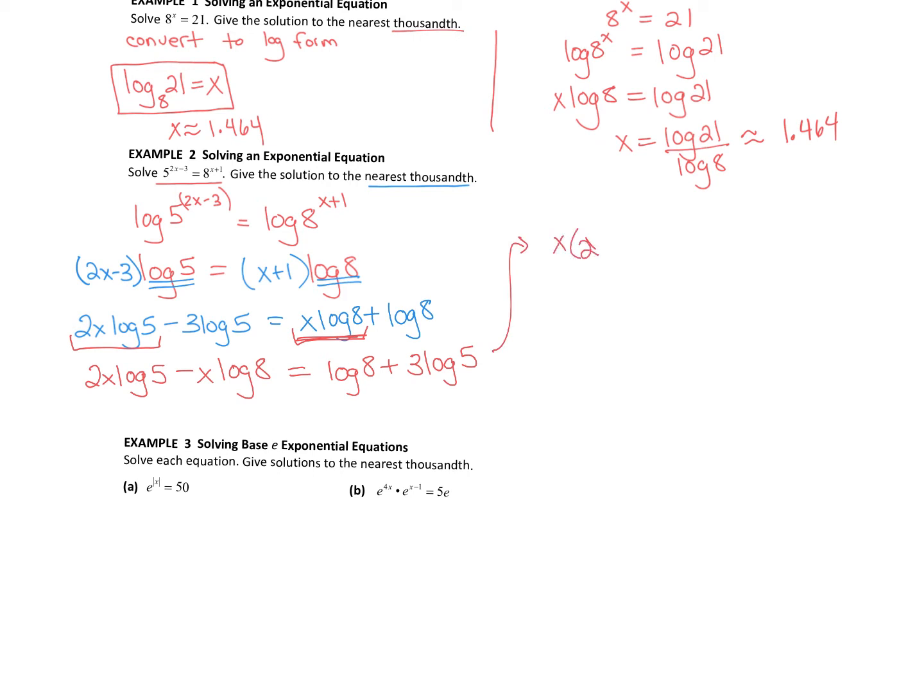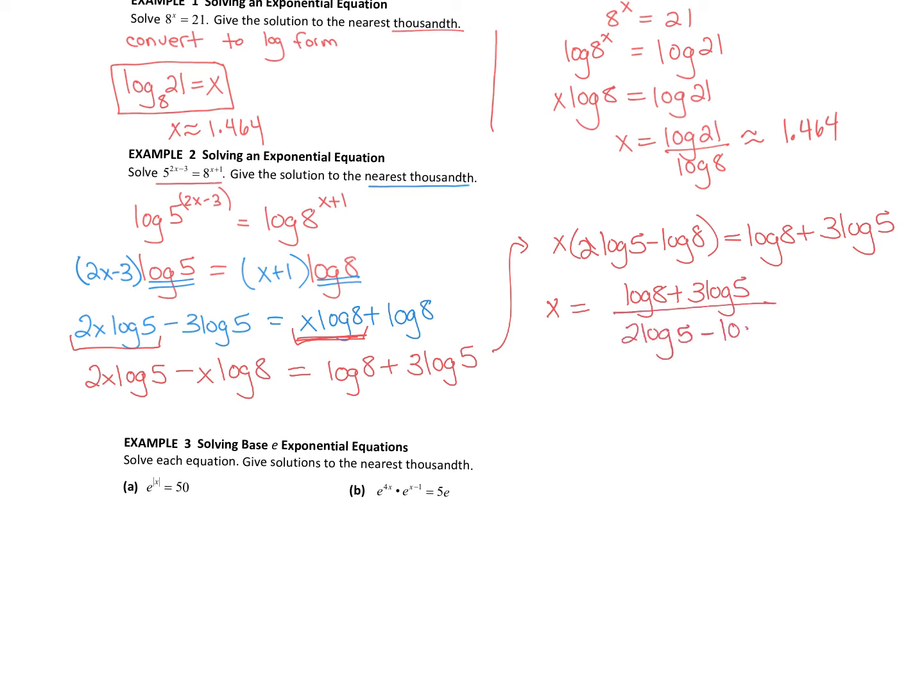2 log 5 minus log 8 equals log 8 plus 3 log 5, and then we'll divide. So we'll have log 8 plus 3 log 5 divided by 2 log 5 minus log 8.